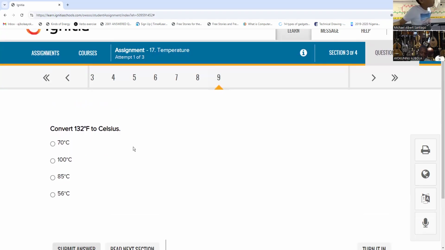So what do you have? Convert this to Celsius. I have told you what to do. Subtract 32. Then you multiply by 0.5556. Tell me your answer. Maybe it's 56 degrees. Yeah, 56 Celsius.